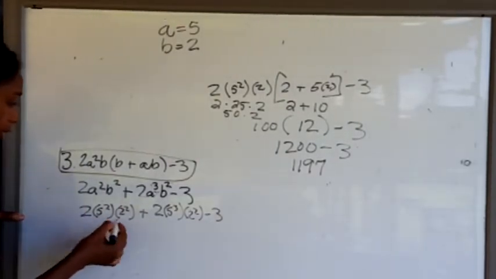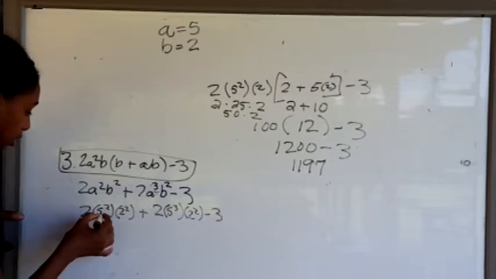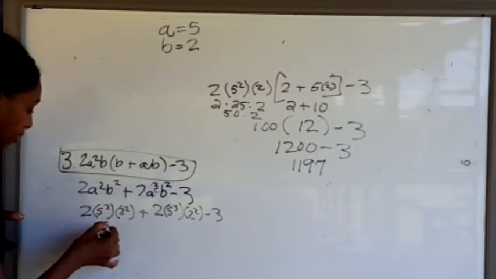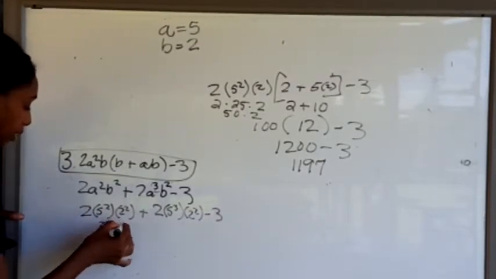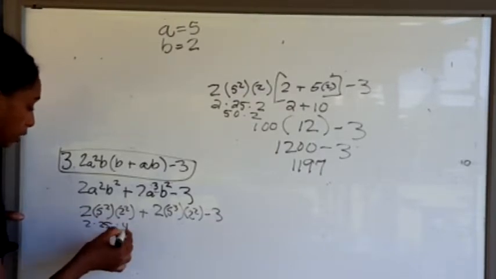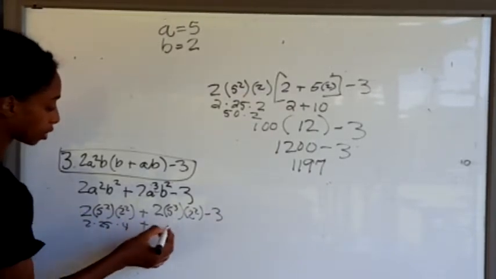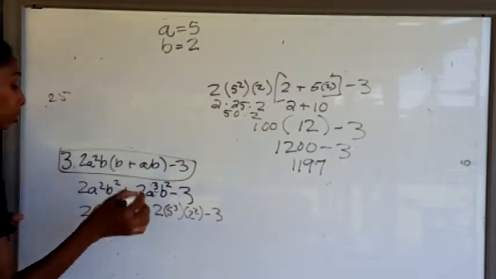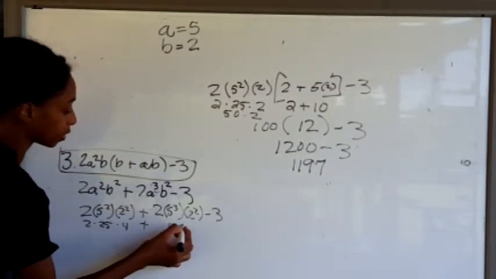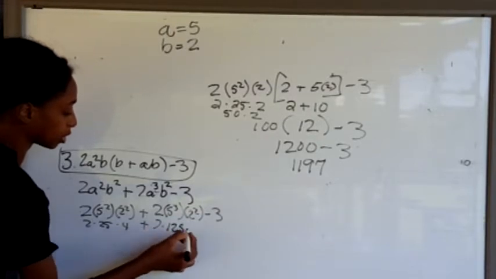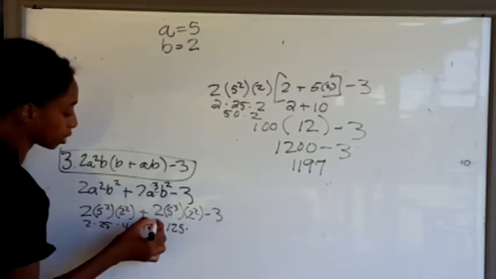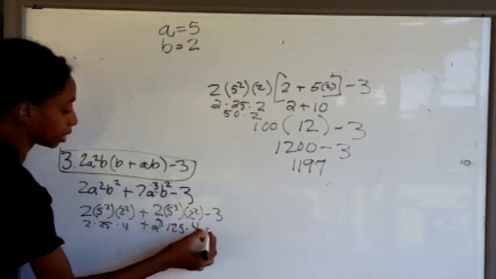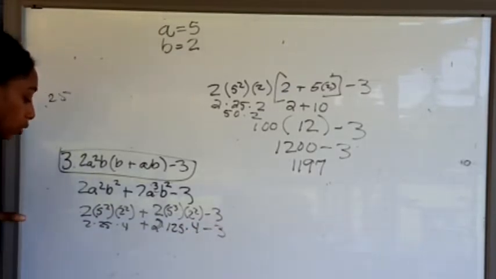Alright, so we're going to do our exponents first. So 5 squared is 25. 2 squared is 4. 5 to the third power is 125. So now we can do our multiplication.